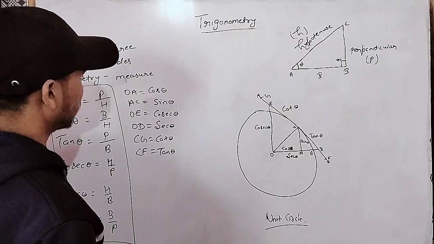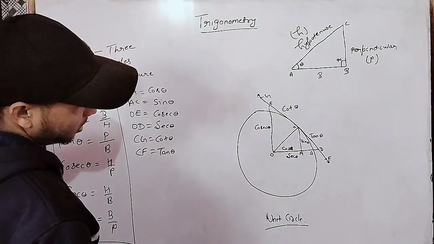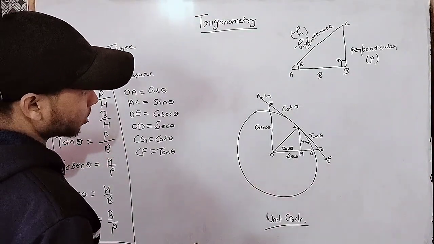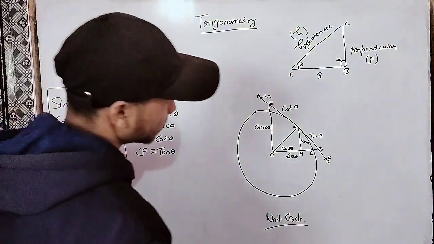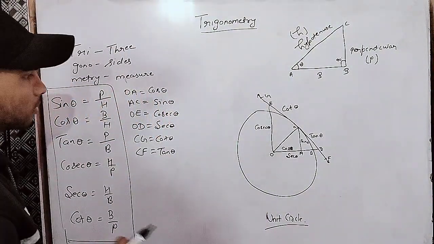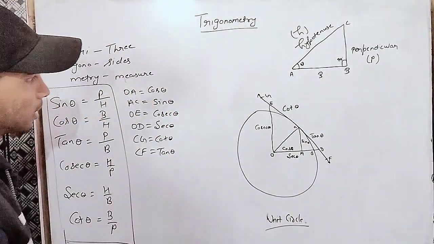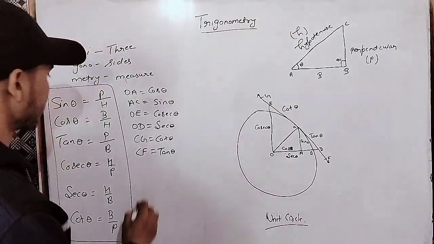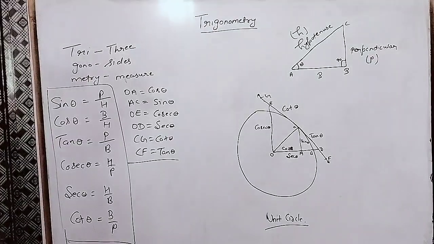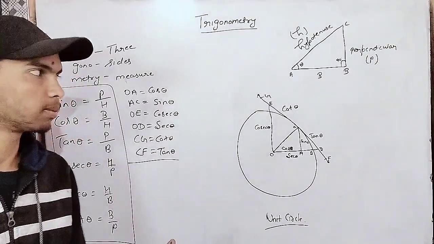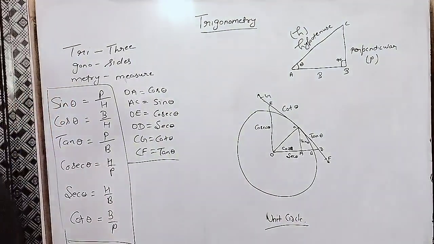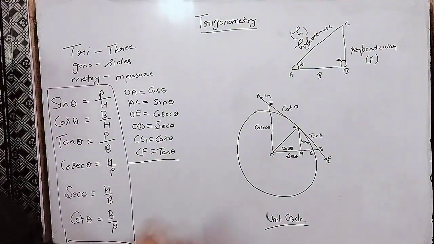Clear, bro? OC is one radius and it is a slope. Clear. I hope that's enough for concept for our next questions. Okay. Now we are ready to take questions for practice.